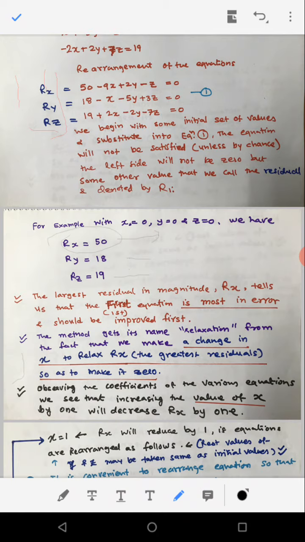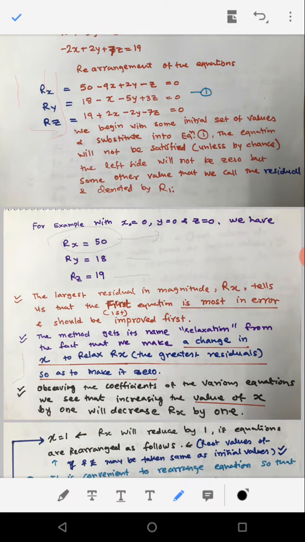We have chosen x because we are talking about the first equation, to relax the value of Rx, that is the greatest of the residuals, so as to make it 0. We want to make the residual 0, so we will pick some value of x which will relax Rx, that is, make it 0.